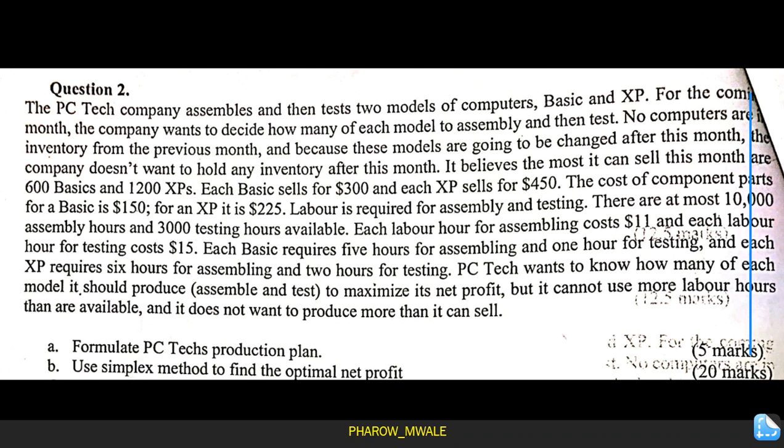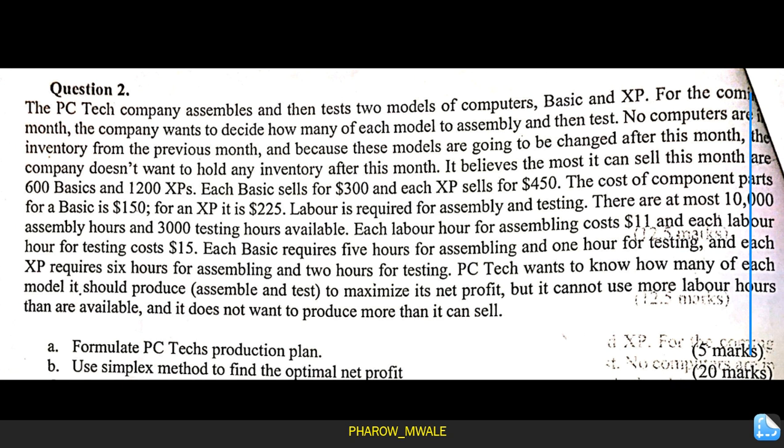No computers are in inventory from the previous month, and because these models are going to be changed after this month, the company doesn't want to hold any inventory after this month. It believes the most it can sell this month are 600 basic and 1,200 XPs.